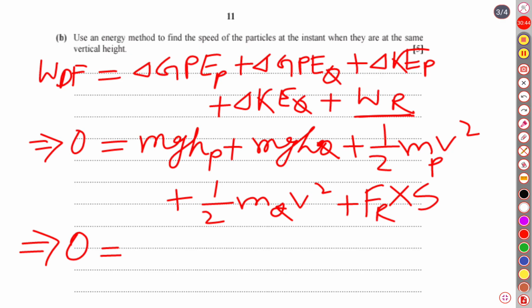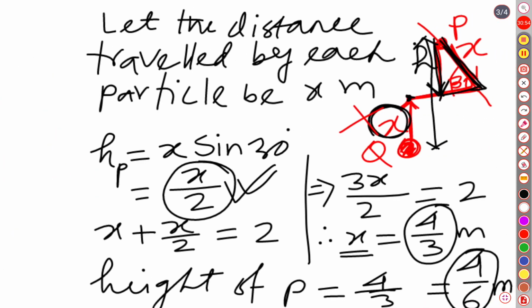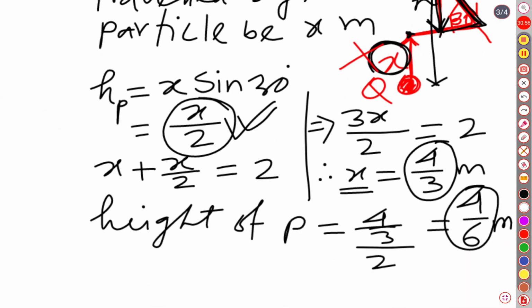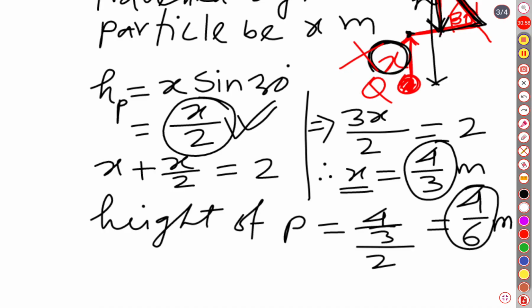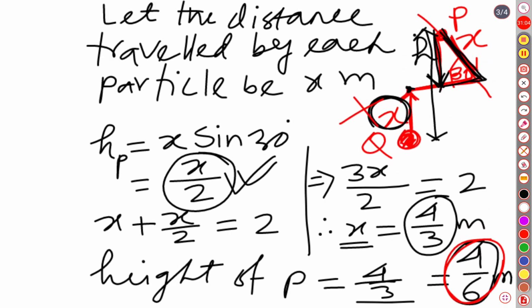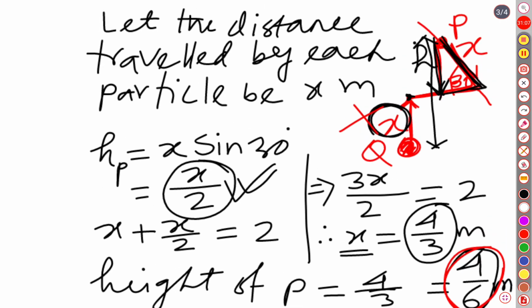The mass of particle P is 2.5 into g is 10, and height. Now let's see how much was the height. We have already calculated for P. The height is this one, so 4 over 6 meters. But let us see, P is going downward.